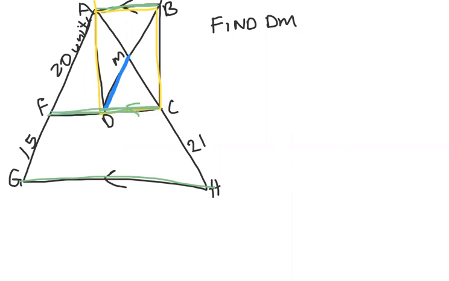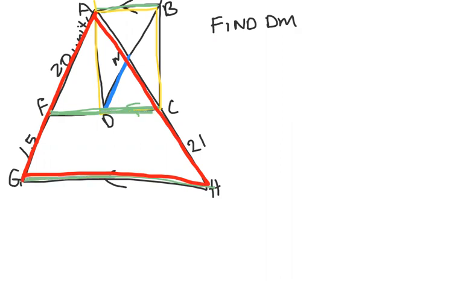Now, as you can see, we're still busy with proportions. If we use this red triangle, then we sit with a red triangle of which we have two lines that are parallel to each other.